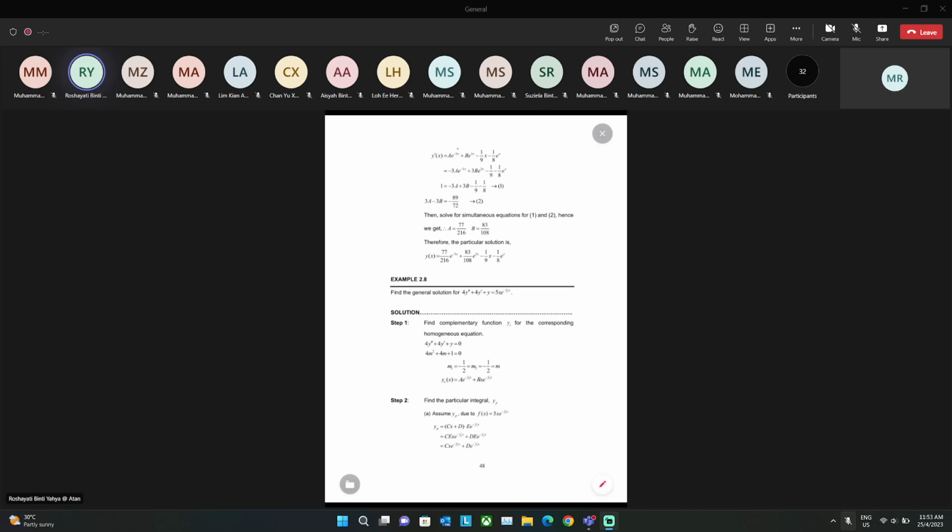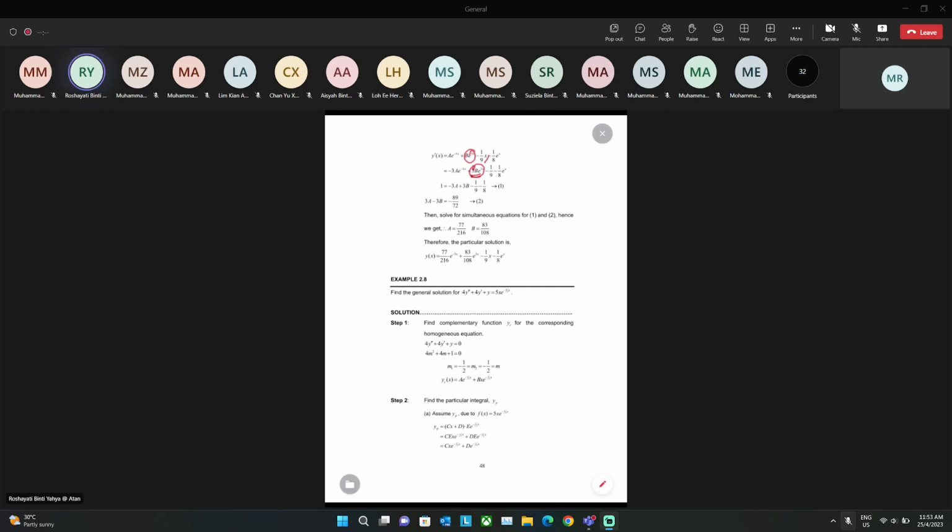Okay. Differentiate. That's why negative 3A exponential negative 3x. Differentiate exponential negative 3x. The same goes for B exponential 3x; differentiating this, you will get 3B exponential 3x.